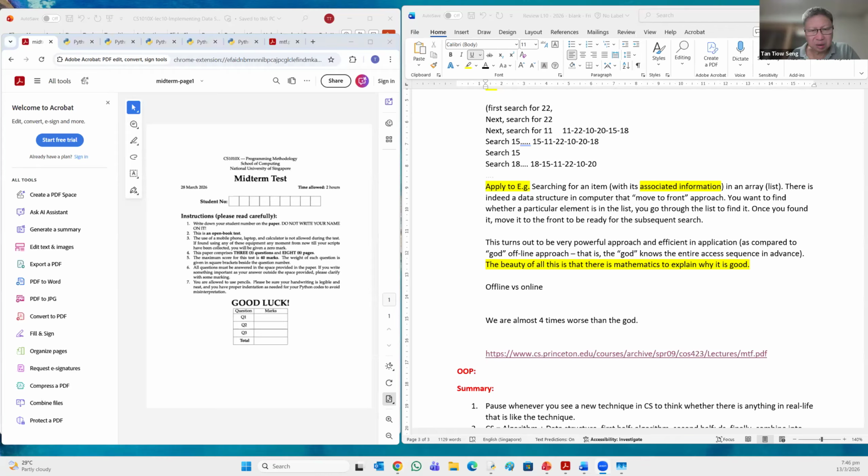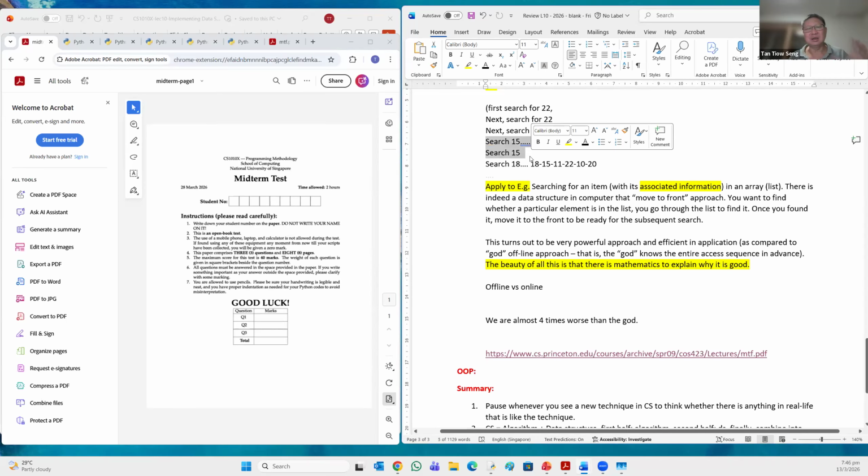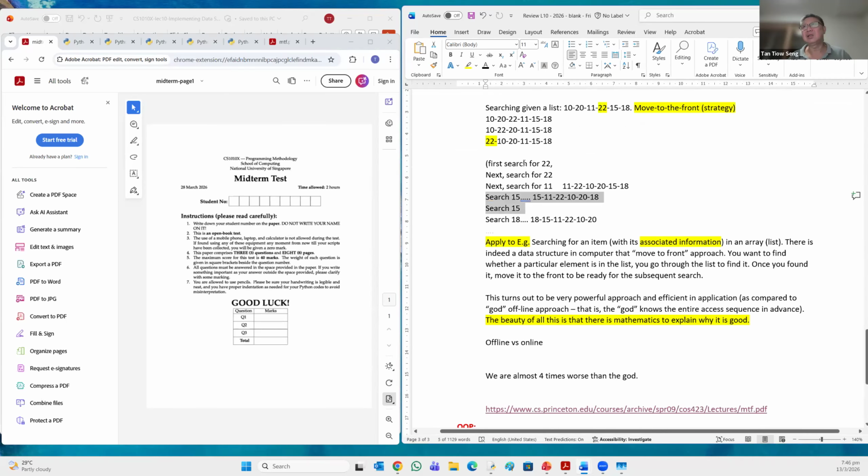Oh, there's something asking. What are the units and credit for? Okay. Why do we search 22 and 15 twice in the search example? These are just examples. It can be anything. In this case, maybe you search for 10.